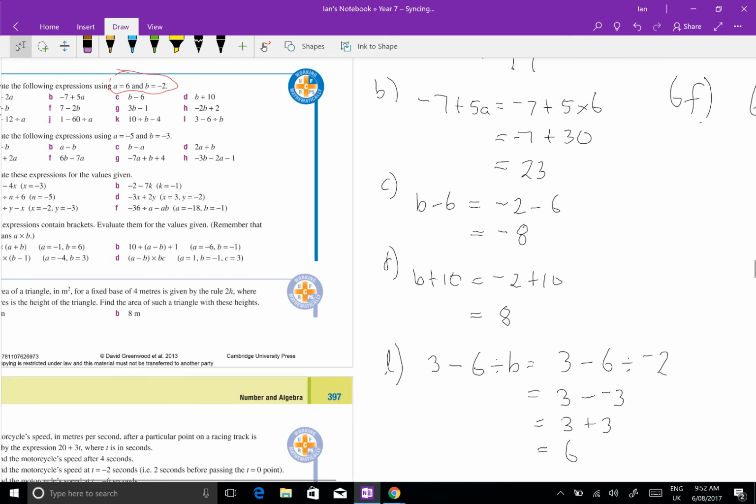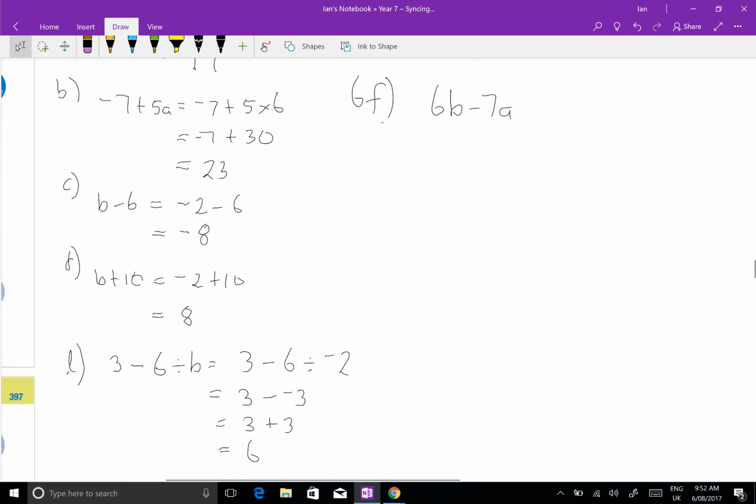And they say to let a equal negative 5 and b equal negative 3. So it's going to be 6 times negative 3 minus 7 times negative 5. Again, you do this on your calculator. Well, 6 times negative 3 is negative 18. Minus 7 times negative 5 is negative 35.